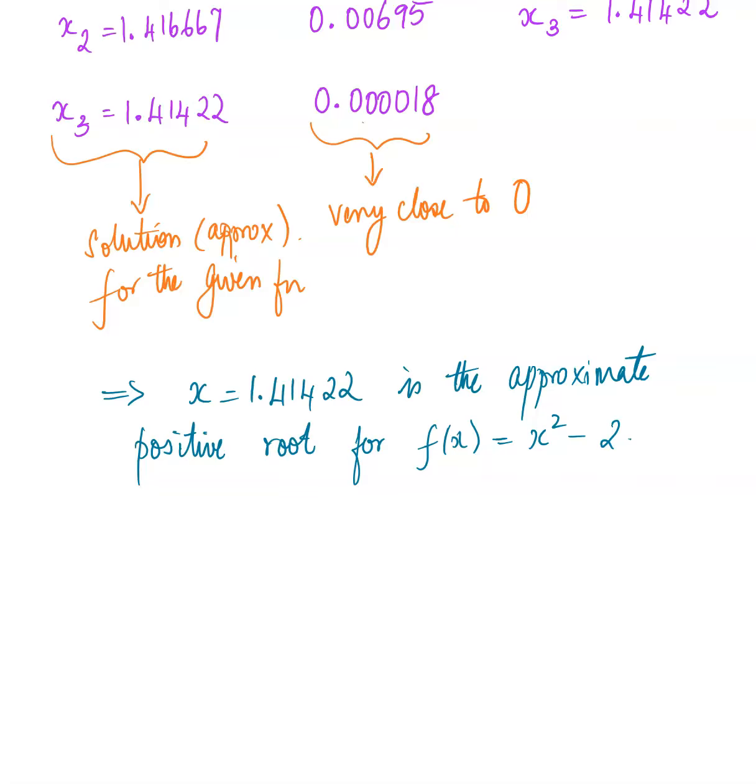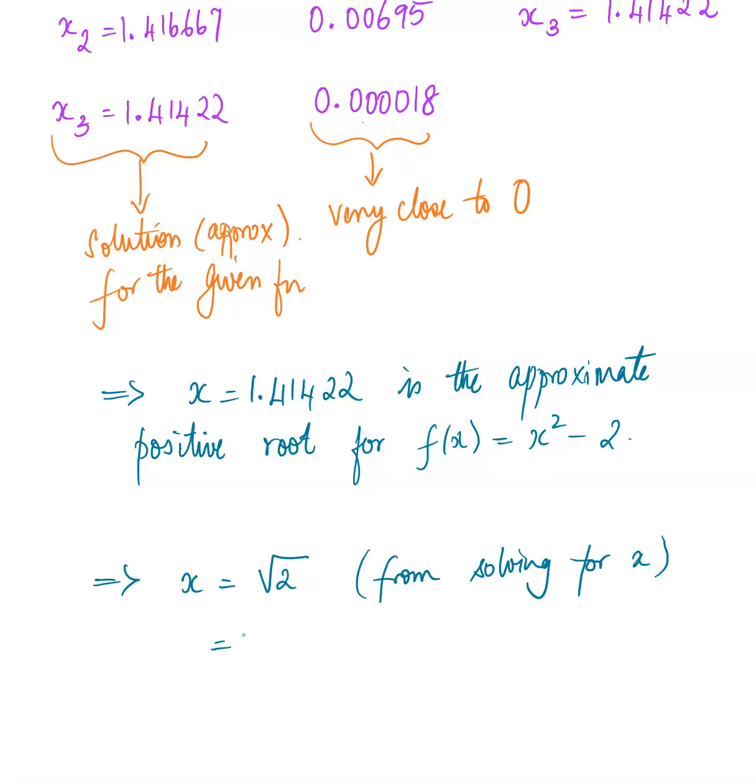But we already found the solution by just solving for x. We got x equals root 2, okay, from solving for x without using Newton's method. Now take your calculator and compute square root of 2.